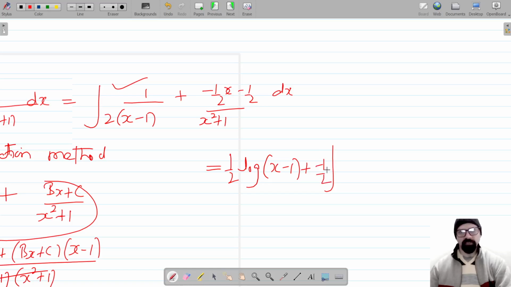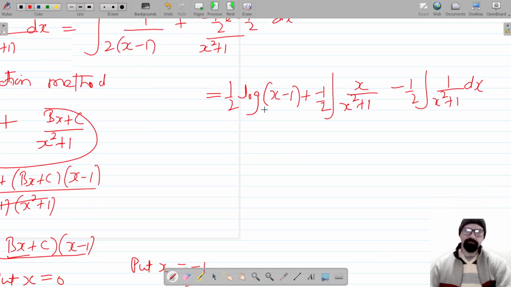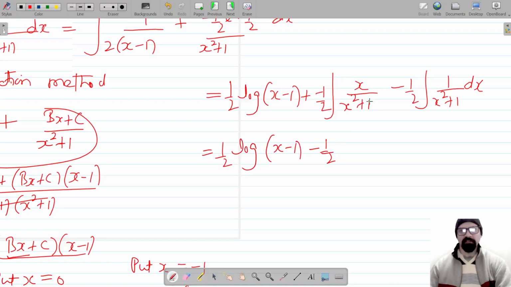So negative half is out, and this is x upon x squared plus 1, and once again minus half into 1 upon x squared plus 1 into dx. Okay. So half into log of x minus 1. This is negative half.